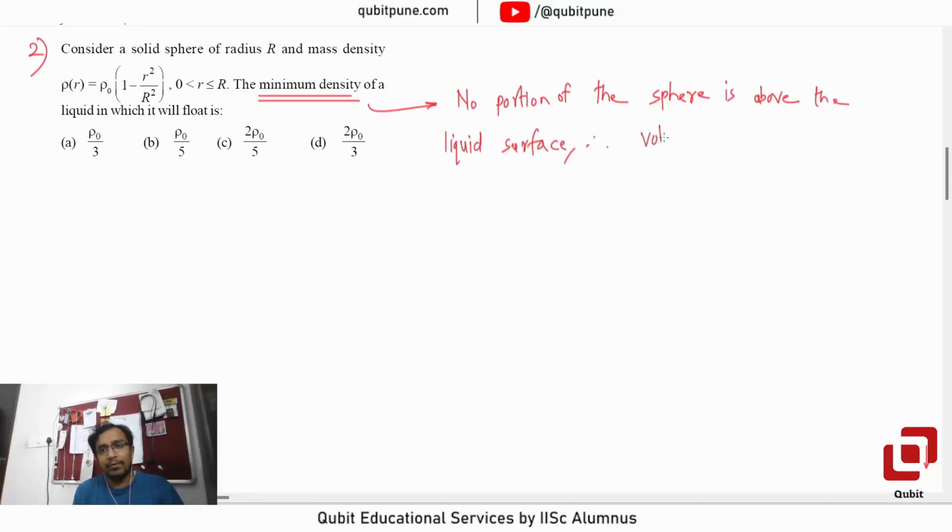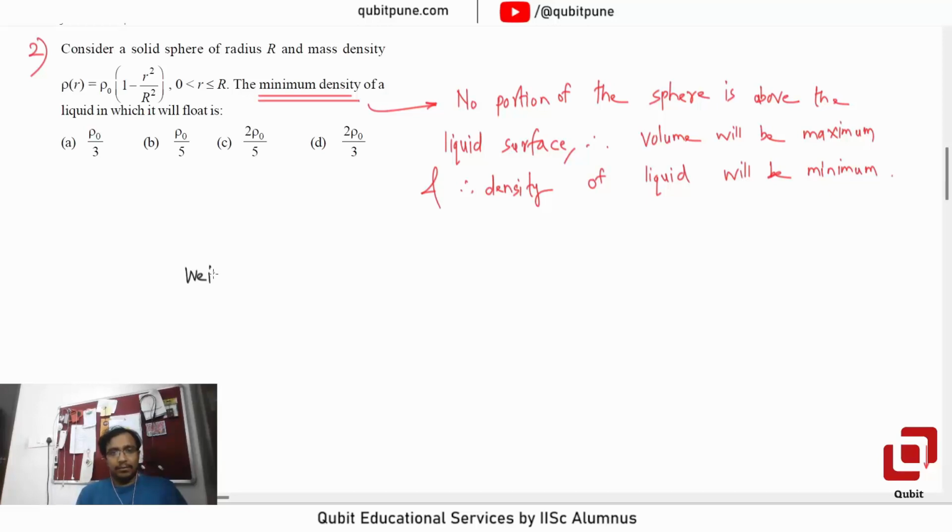Therefore, the volume submerged will be maximum and therefore the density of the liquid will be minimum.